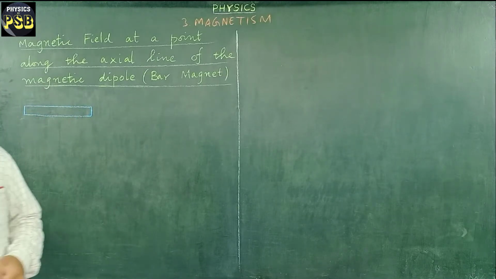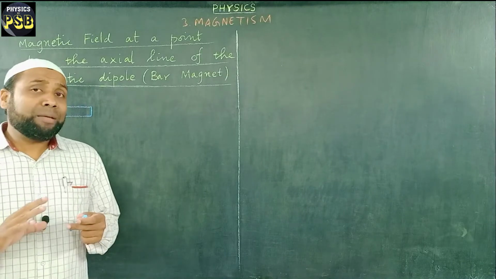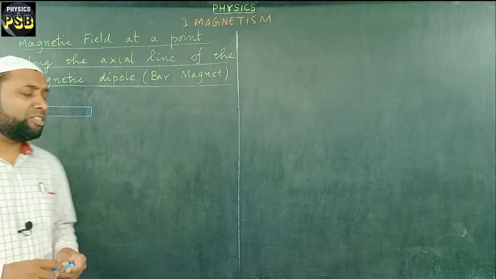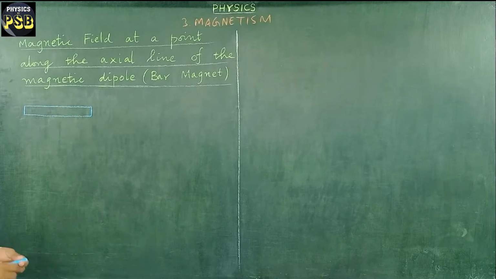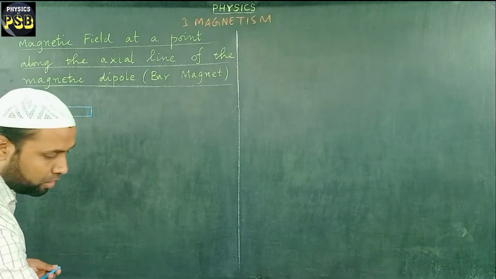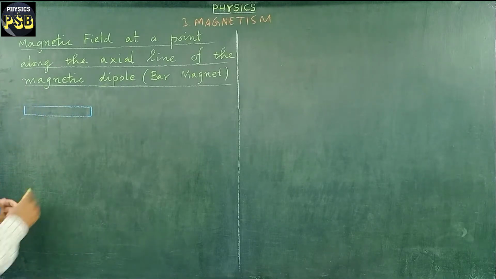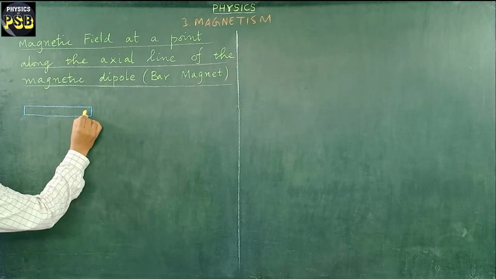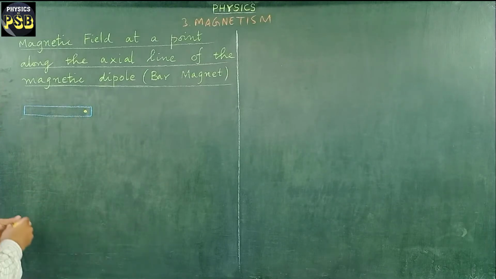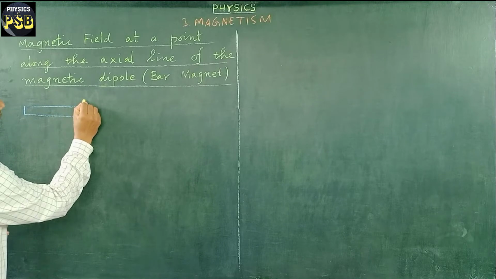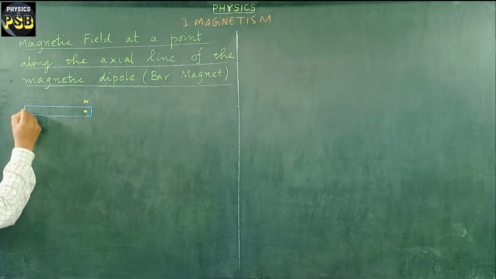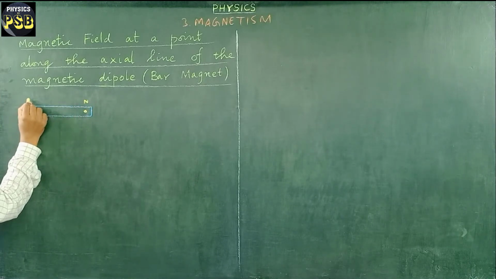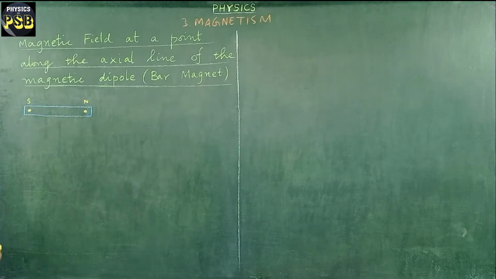We know all magnets are provided with two poles. One is the north pole, another one is the south pole.